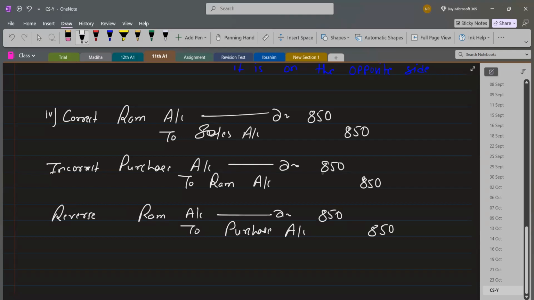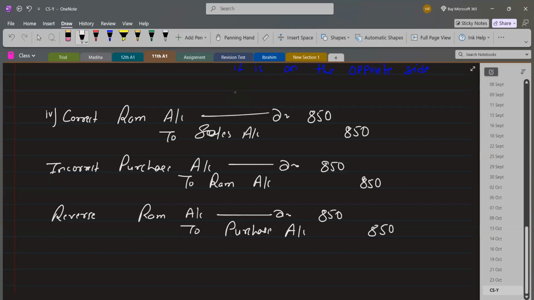If I ask you, Badia, what are the steps in rectification? The first one will be pass the correct entry. Second, pass the incorrect entry. And the third one will be reverse the incorrect one, and then the rectification entry.